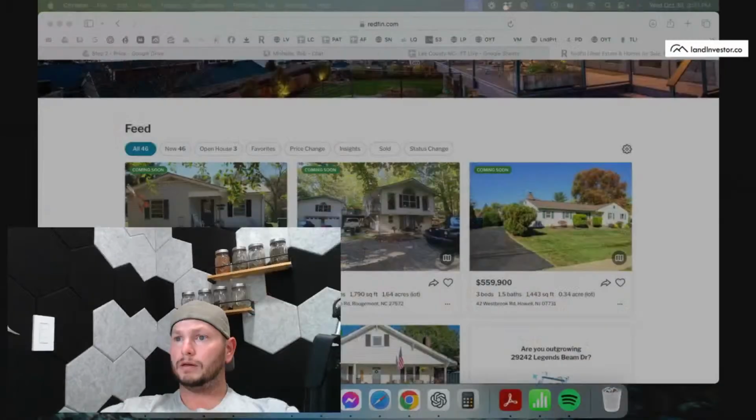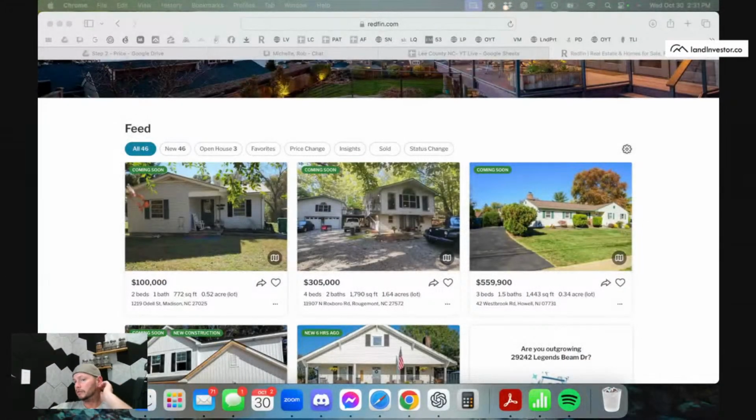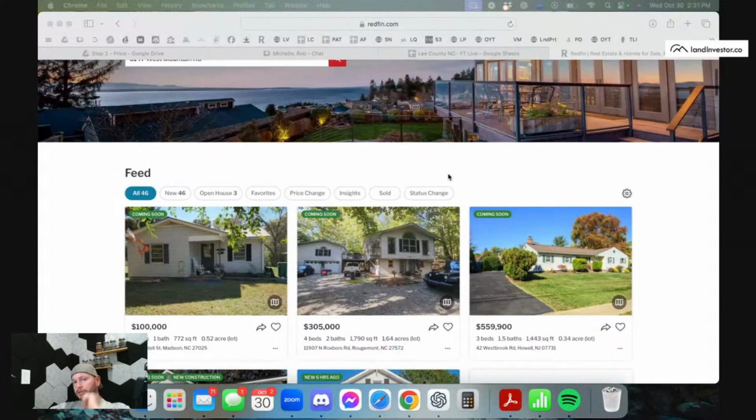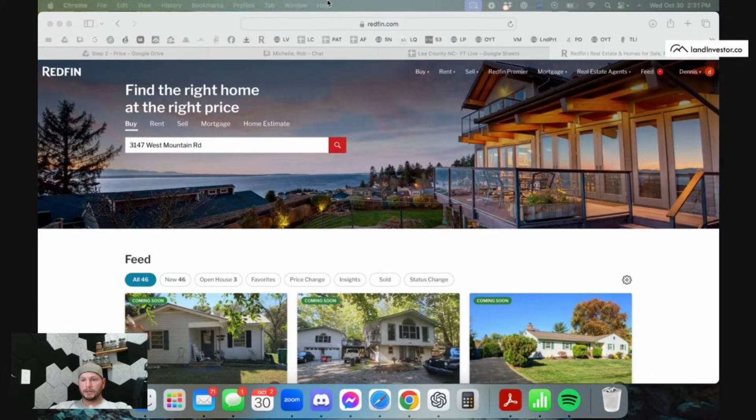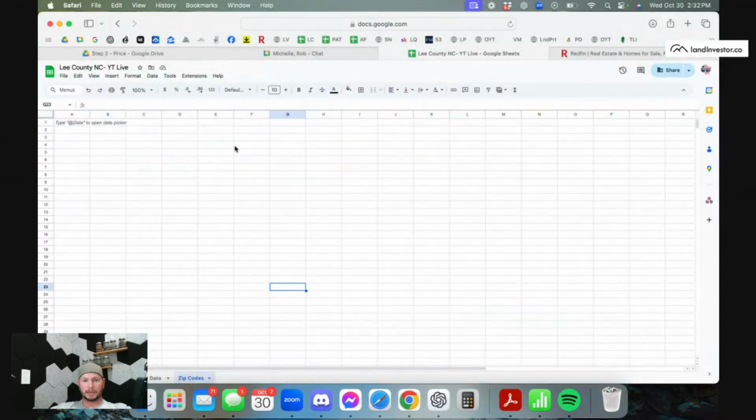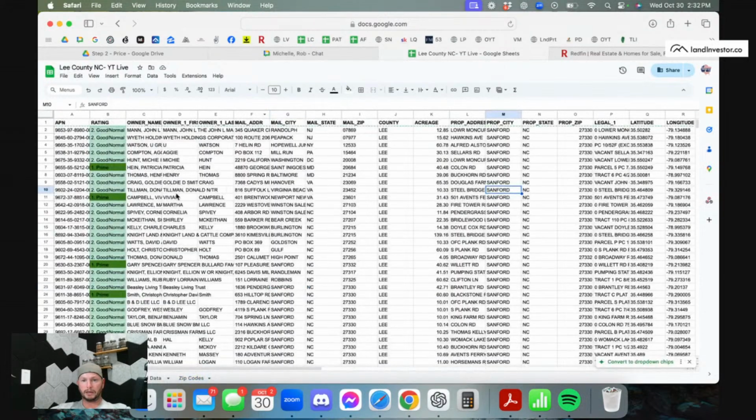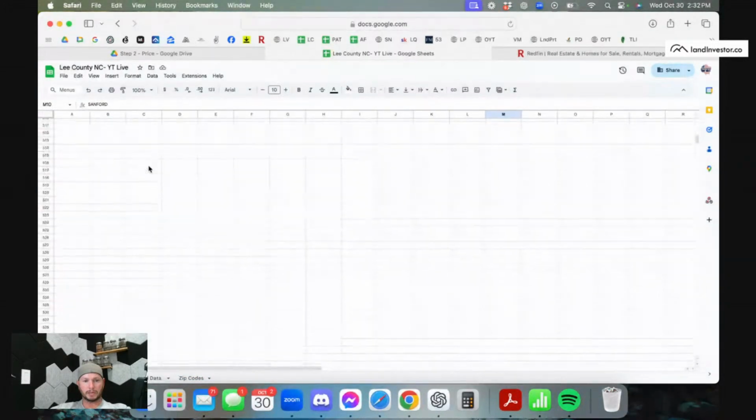So with that being said, I'm going to show you a county that we are actually going to be mailing next week. This is the actual parcel list.